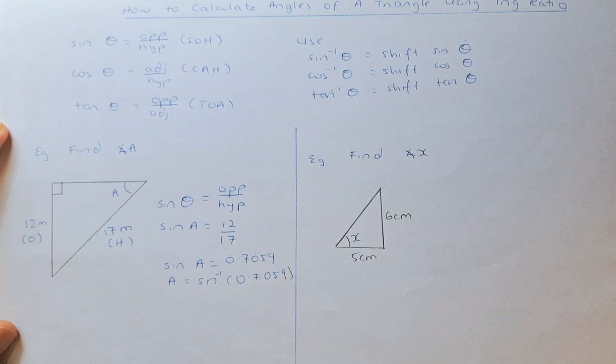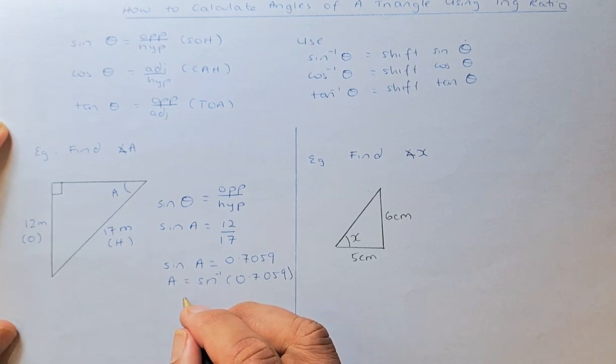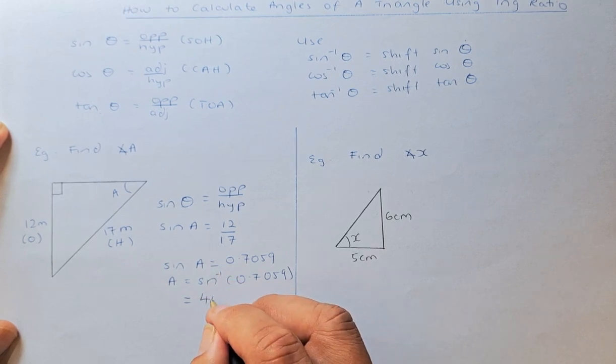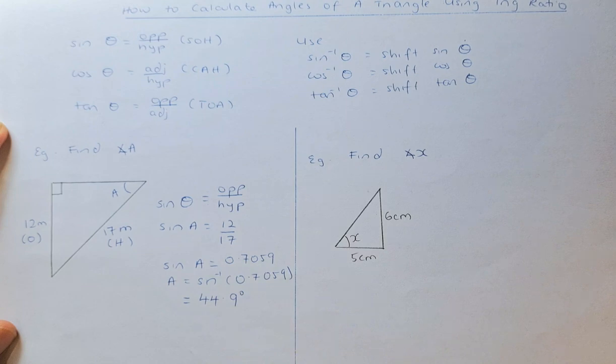Take out your calculator, press shift sine, you get sine inverse, bracket 0.7059, and the answer will appear as 44.9 degrees. Correct?